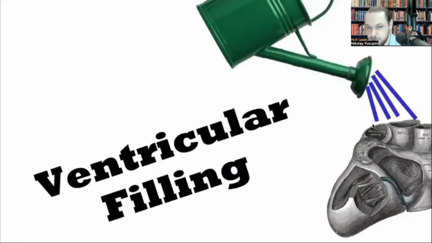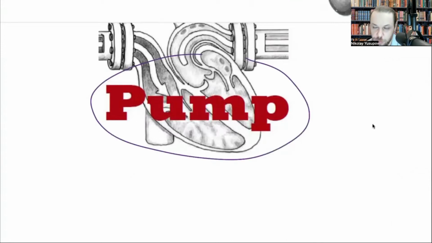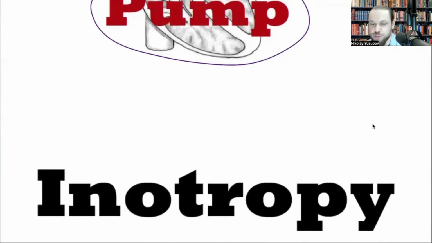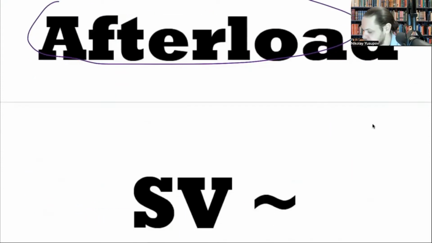Everything that's coming into your ventricle with ventricular filling is called the preload. Your heart, the pump, then works on that preload to contract with inotropy, and then the blood gets ejected. It must overcome this afterload in order to pump the blood systemically.